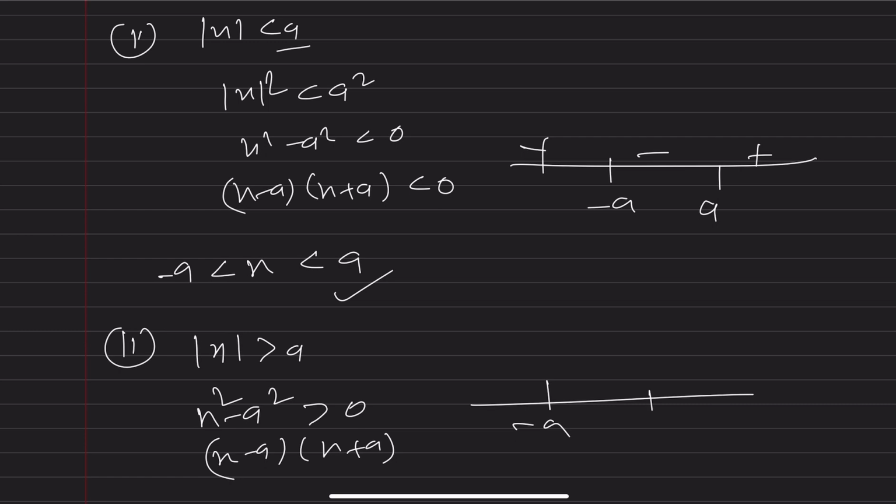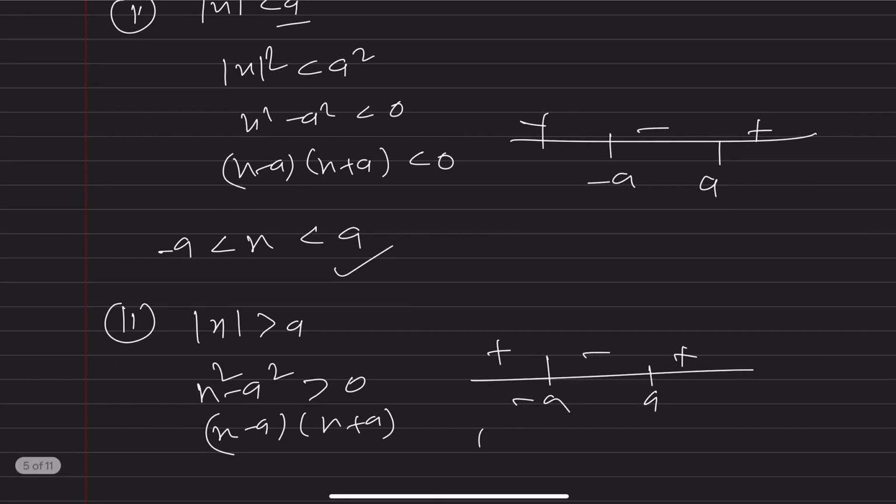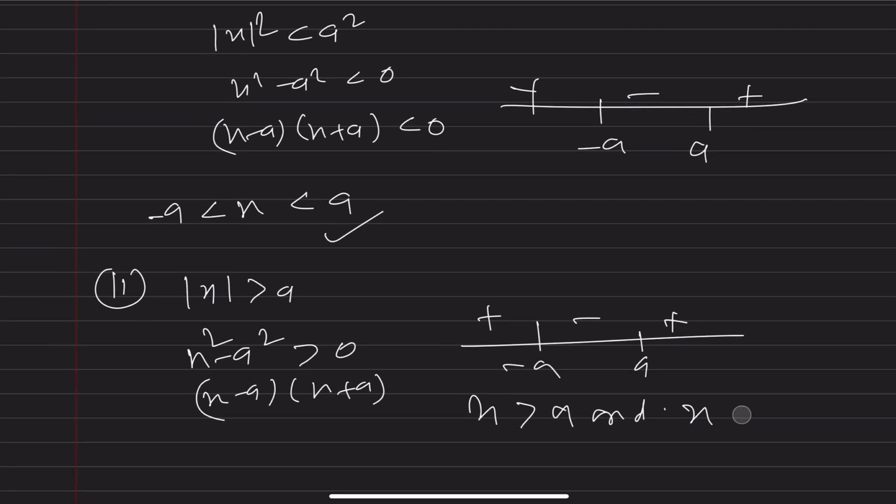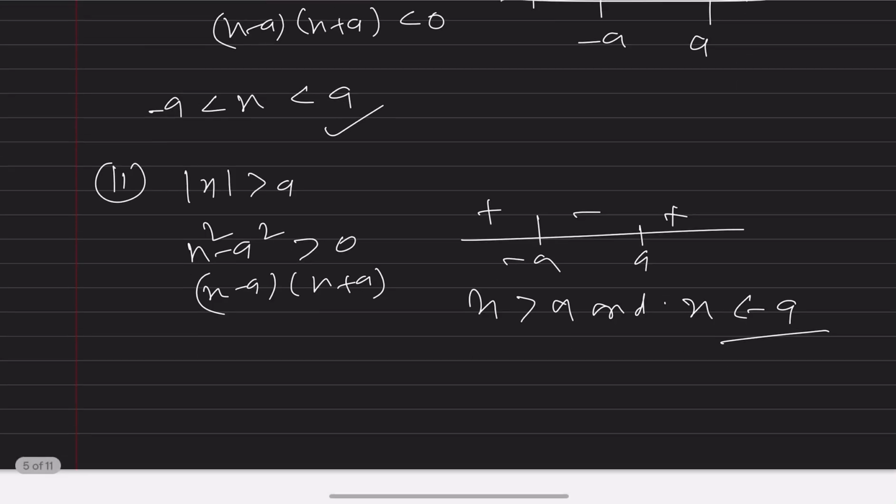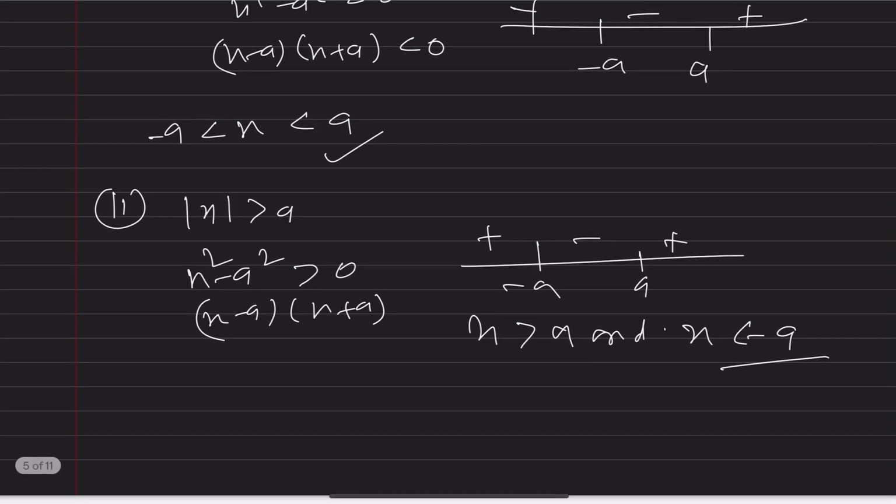So with minus a and a, it is plus, minus, plus, right? So here it means x should be greater than a, or x should be less than minus a, right? This is the property.